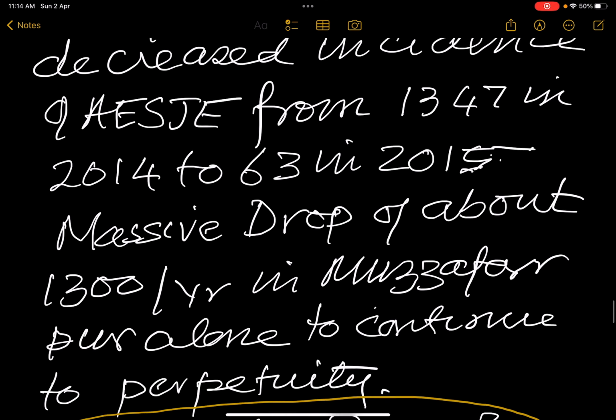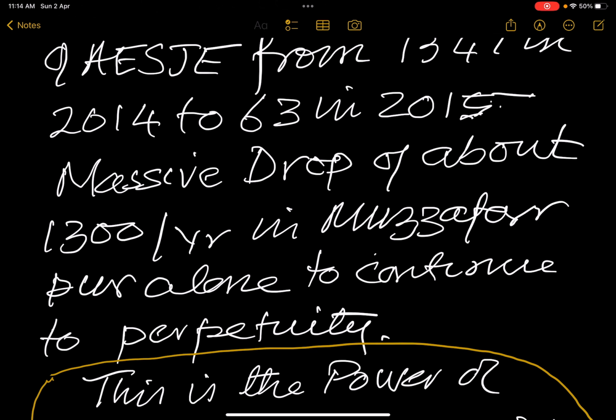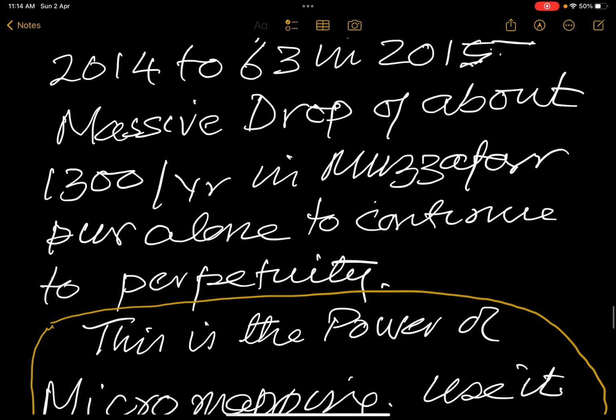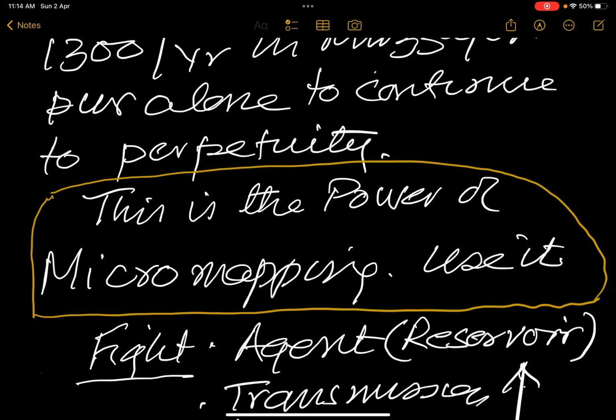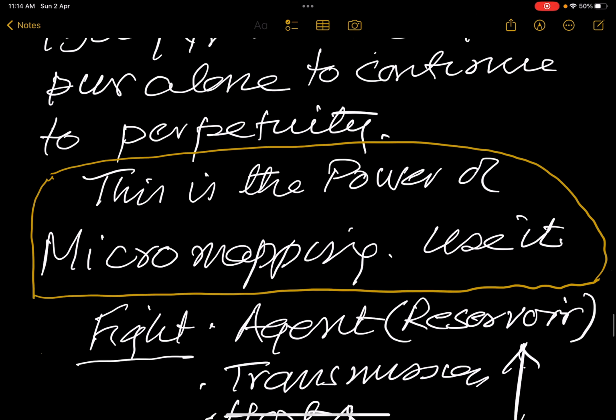So this is a massive drop of about 1300 per year brought in a single city at very, very low cost. And it will go on till perpetuity. So this is the power of micromapping, and you must learn how to use it.